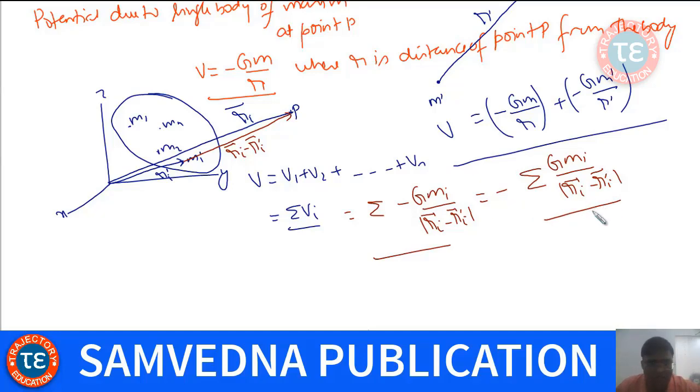So this is how we can find the potential at point P. Take the summation of all these quantities.